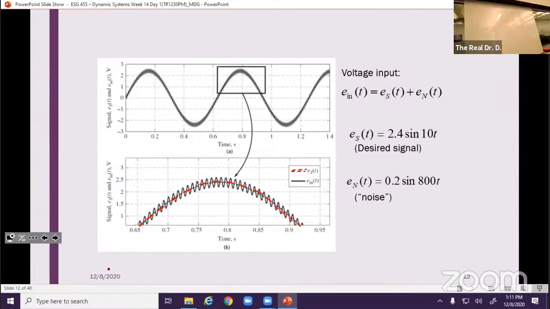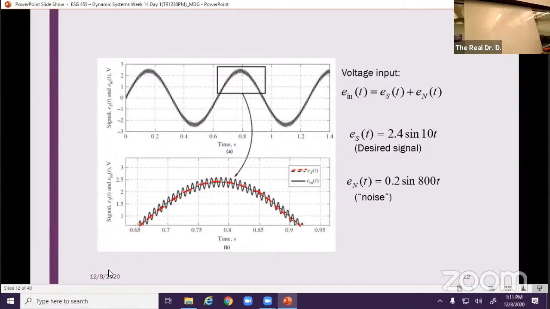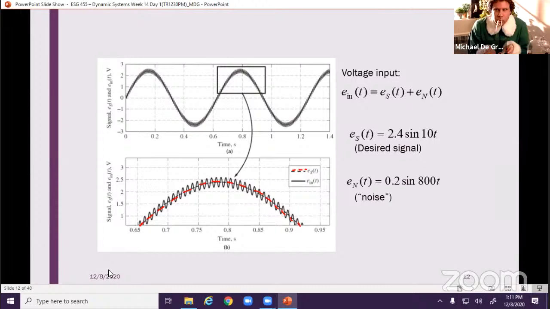If you ever do any human subject experimentation, you guys may or may not know this, but the human body has tremors associated with it at medium to low frequency, medium to high.